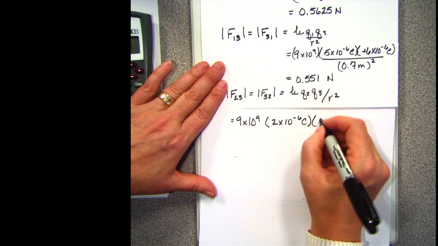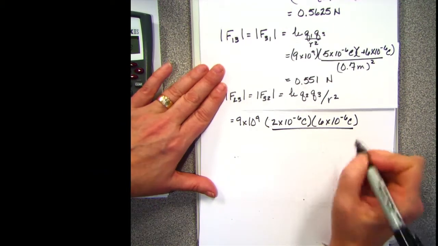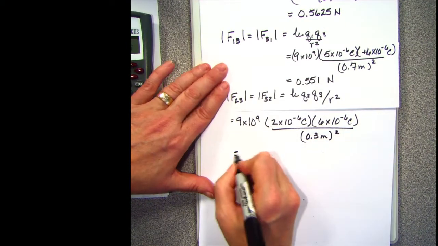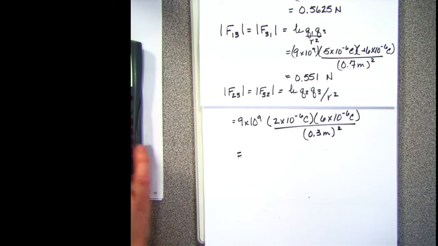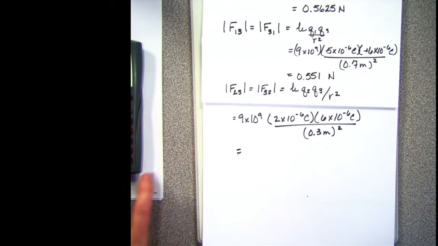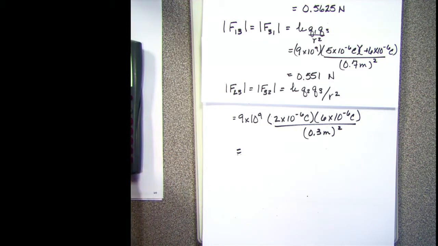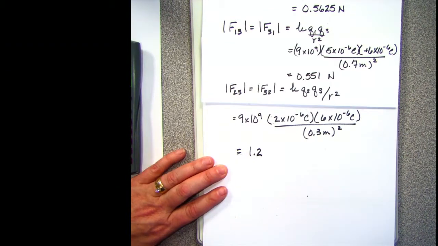Q3 was 6 times 10 to the minus 6 coulombs. And the distance between those two was 0.3 meters squared. Now I plug that into the calculator. This gives me 1.2 newtons.